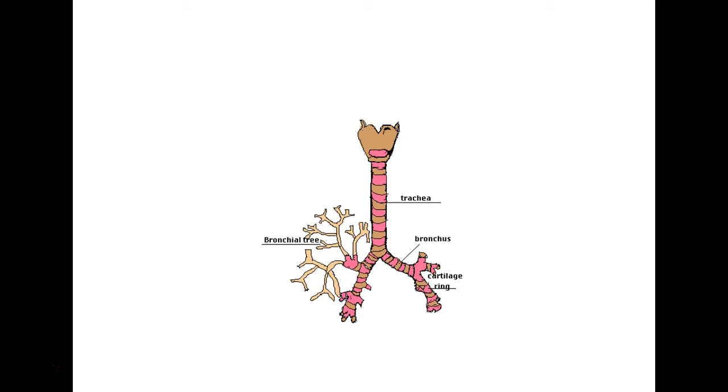Each and every one of the structures of the respiratory system is important because it can be specific to different disease processes. The lower respiratory tract you can see here starts at the bronchus. The bronchi branches into bronchioles.